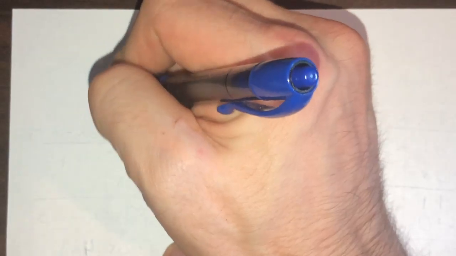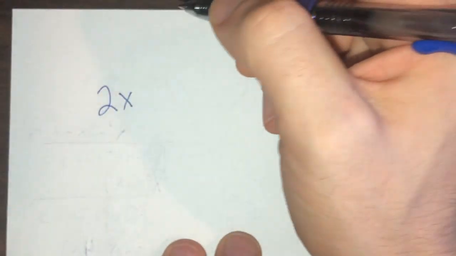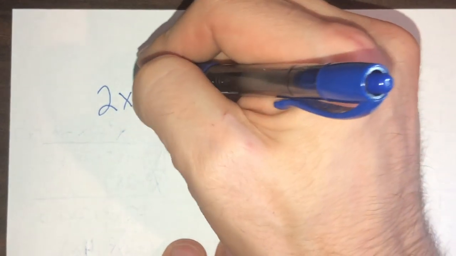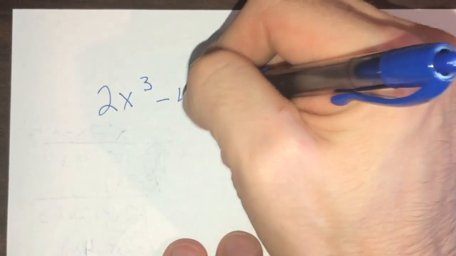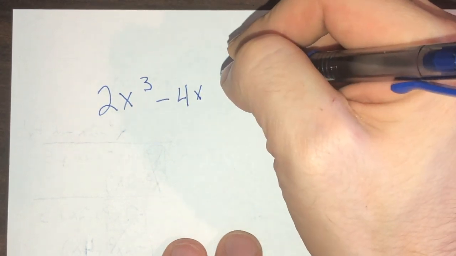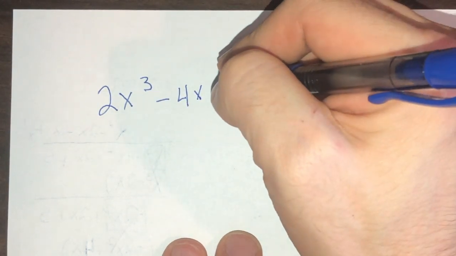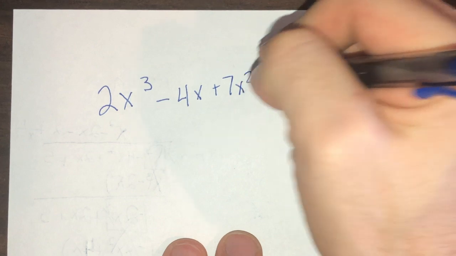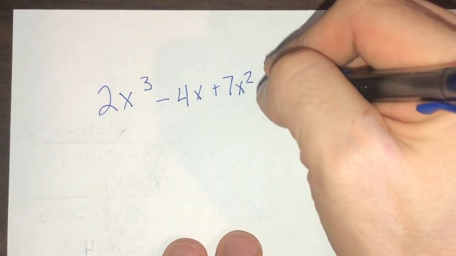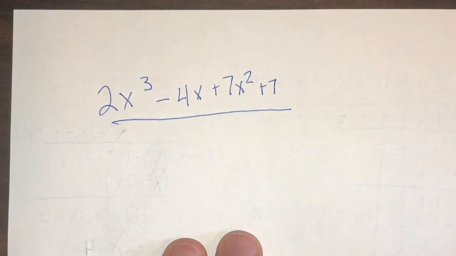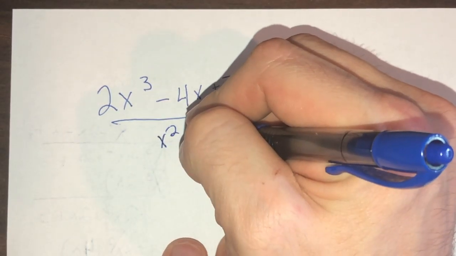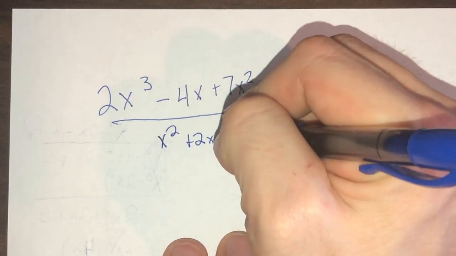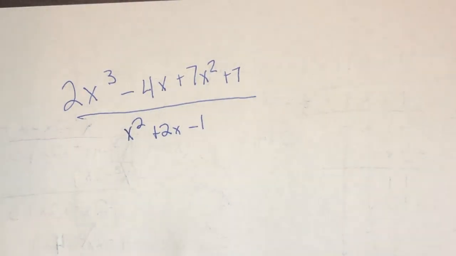Okay, so here's what I've got. I've now got 2x cubed minus 4x, okay, plus 7x squared plus 7 all over x squared plus 2x minus 1, okay?